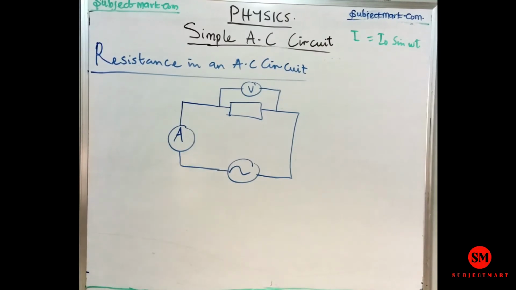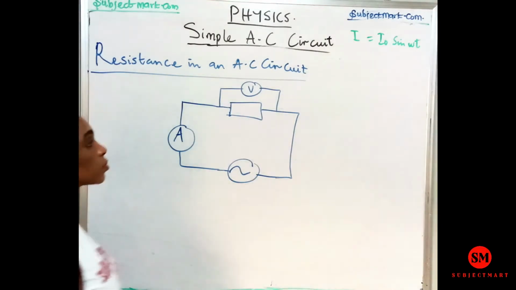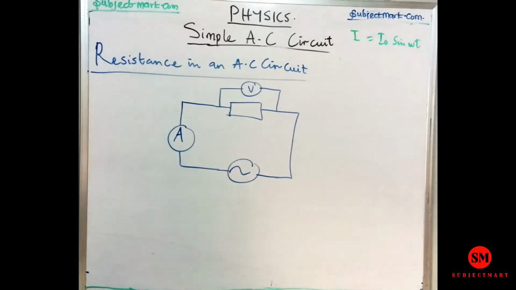Resistance in an AC circuit. Okay, so this is a typical example of an AC circuit with a resistor.